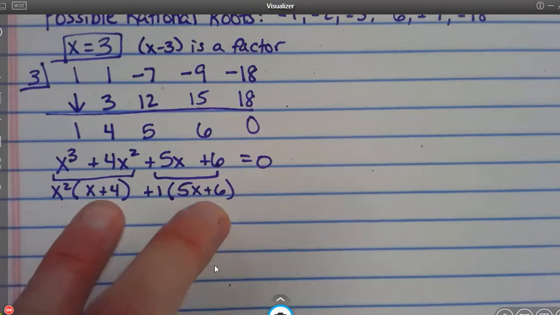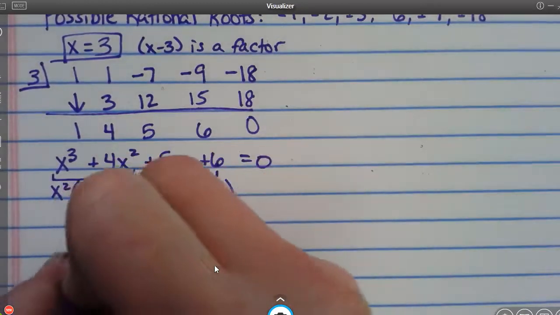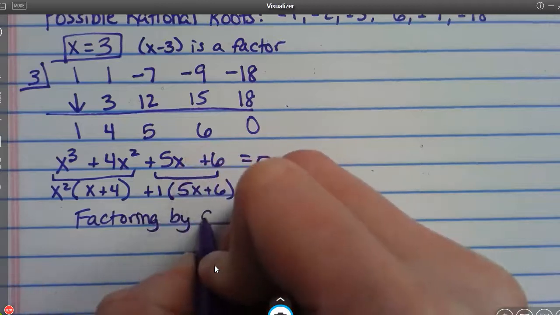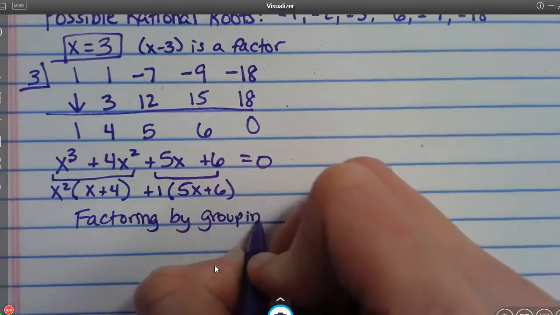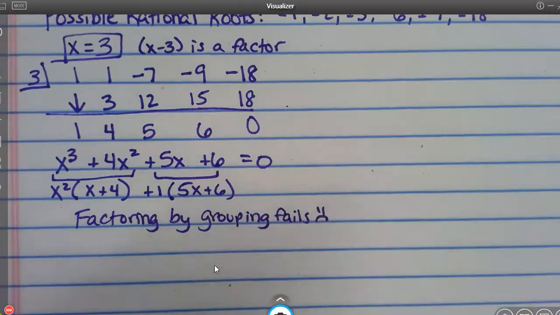Exactly. The things in the parentheses are different. So factoring by grouping doesn't work. Factoring by grouping fails. And that's the only strategy we know when there's 4 terms.